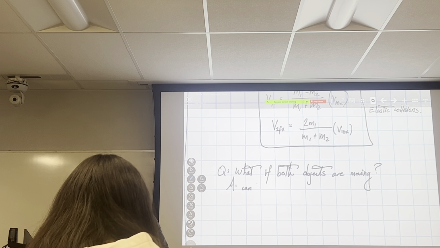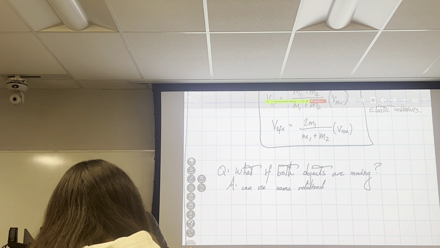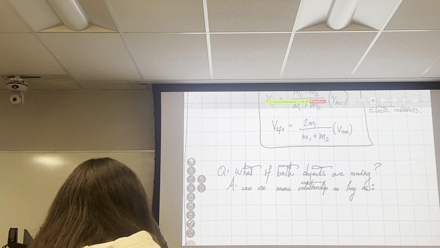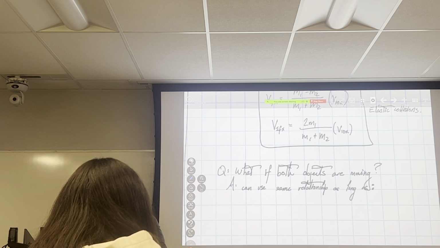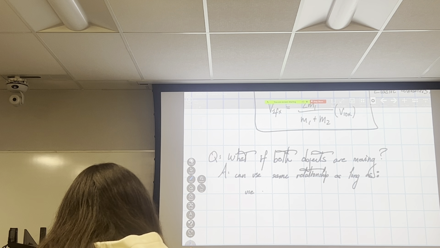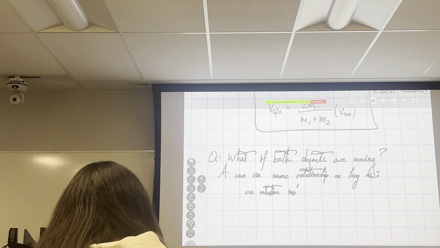So we can use the same relationship as long as you do one thing. What we're going to be doing is use relative motion.